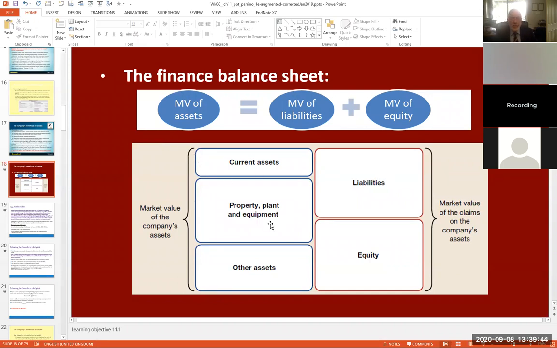Here the assets are going to be split mainly between the short-term assets, things like your inventory, accounts receivable and so on, and the long-term assets, the fixed assets, the capital assets, which will be mainly property, plant and equipment. And there are a couple of other segregations that you can use.